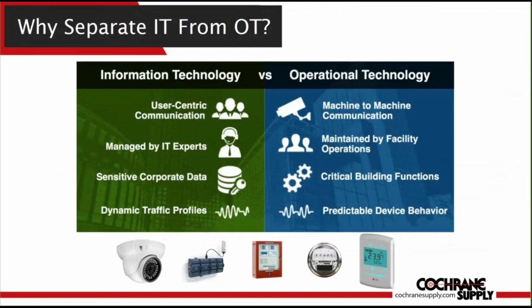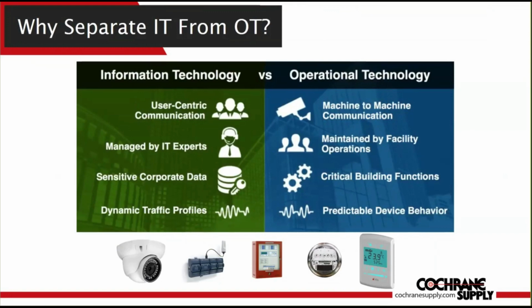And all the devices on those networks are typically predictable in nature. When you're looking at IT, like your email, CRM programs, accounting software, all that stuff is people to people, or user numbers, credit card information, and things like that. And all that information behaves entirely differently. It has dynamic traffic profiles on the network, and the bandwidth is entirely different. So there's a difference between IT and OT.